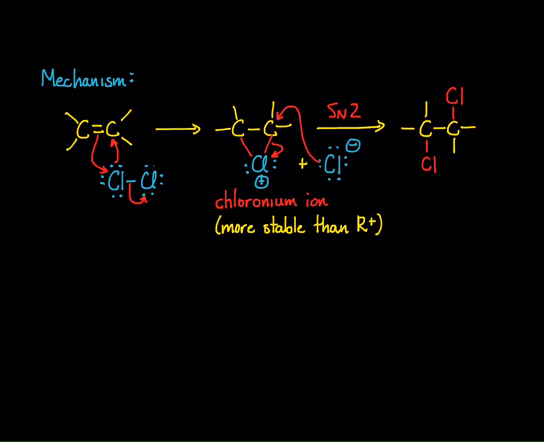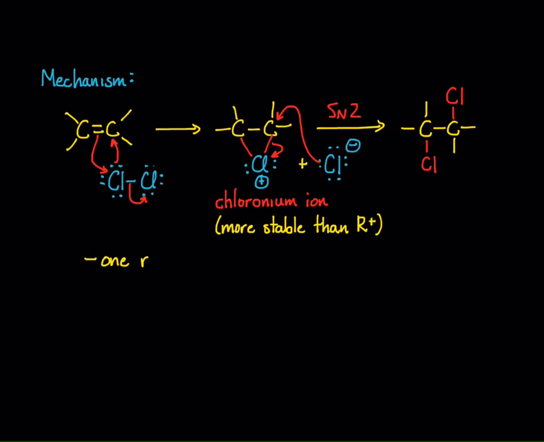So why do we know that the chloronium ion forms? Well, we've already talked about one reaction in which the mechanism was slightly different than carbocation formation, and that is hydroboration. In hydroboration, we know that we don't form a carbocation because there's no rearrangement.